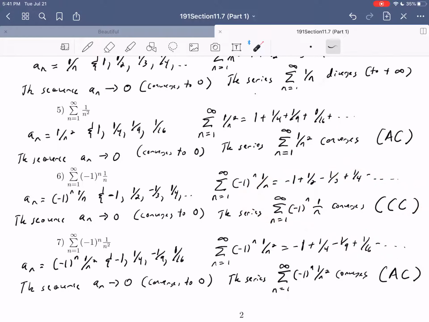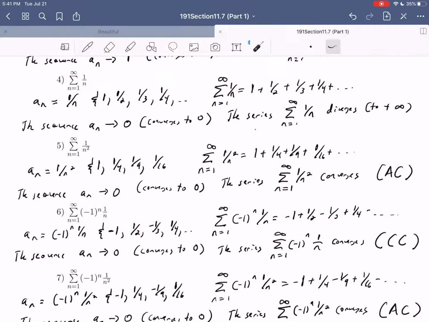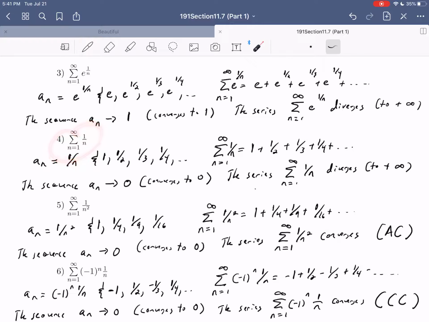We also briefly discussed the idea of the speed at which something converges. That's why this one here diverged, but this one here converged. Right now everything was polynomial in nature, so we know for p-series that if the power is less than or equal to 1, it'll diverge. If the power is greater than 1, it'll converge.